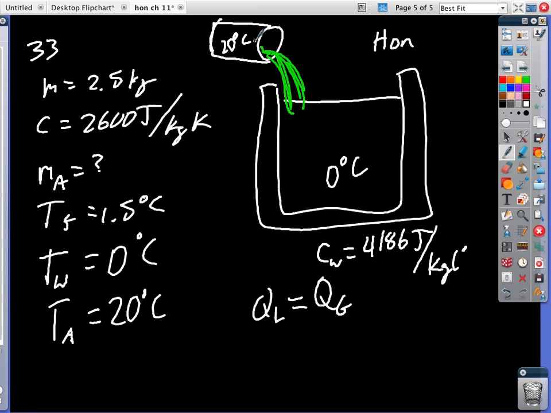The water. This is water. This is antifreeze. Okay? The antifreeze is losing heat. Does that make sense? And so, of course, then, who's gaining the heat? The water. So, I just deal with this accordingly.